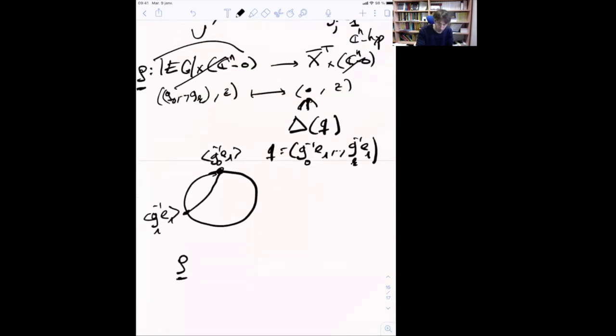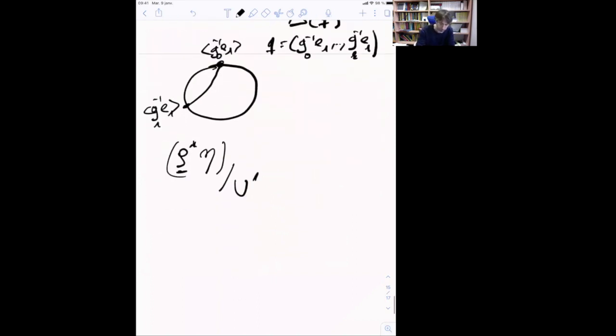And what we have done is taking the pullback of eta by rho bar and restrict it. It's here really that we restrict it to U prime, and we get a well-defined form that represents the same cohomology class, because in restriction to U prime, we have the right to go to infinity. And so in the end, this defines the cocycle.